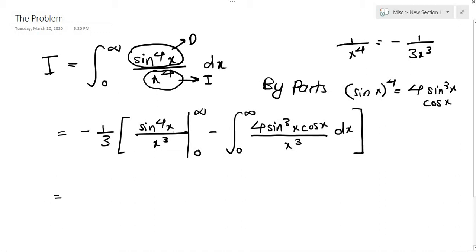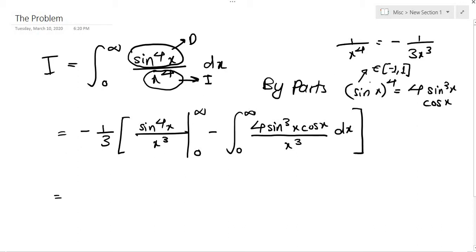Now let's try to evaluate the upper and lower bounds of this thing. So, well, sine of x oscillates, we know, as x tends to infinity, will just keep oscillating between negative 1 and a positive 1. But if we raise that to the fourth power, the resultant value can't be negative, right?